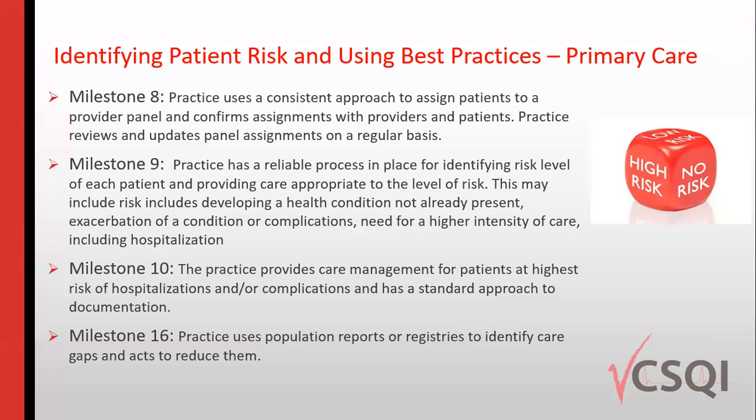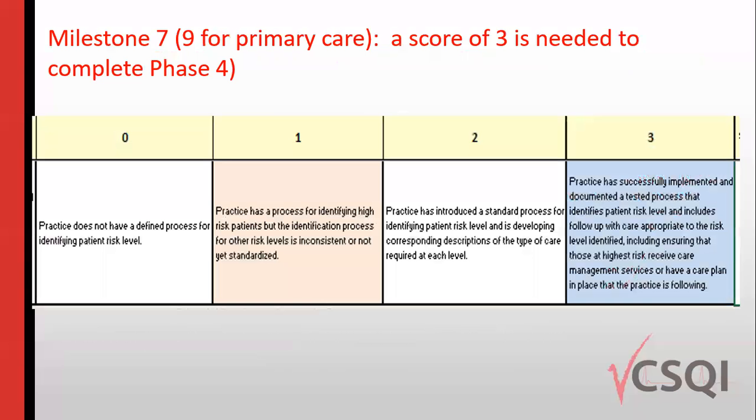Milestone 9 is the same as milestone 7 for specialty care, indicating that the practice should have a reliable process in place for identifying the risk level of the patient. Milestone 10, primary care. The practice provides care management for patients at highest risk of hospitalizations and or complications, and has a standard approach to documentation of this care. And milestone 16, the practice uses population reports or registries to identify care gaps and acts to reduce them. And we'll cover each of these as well.